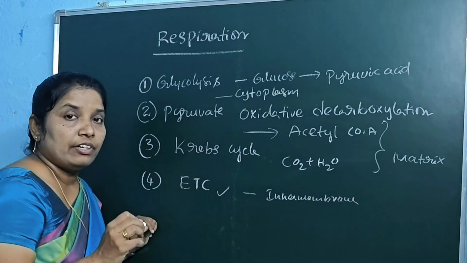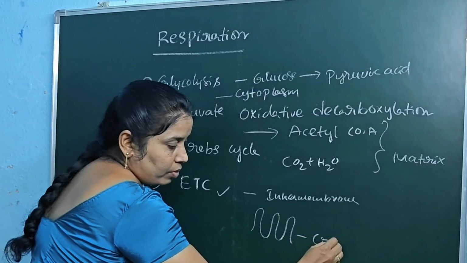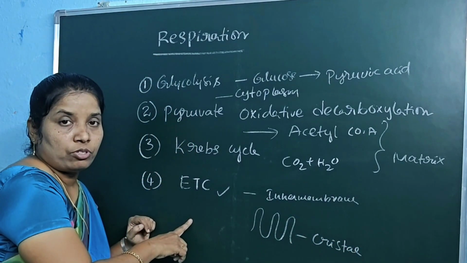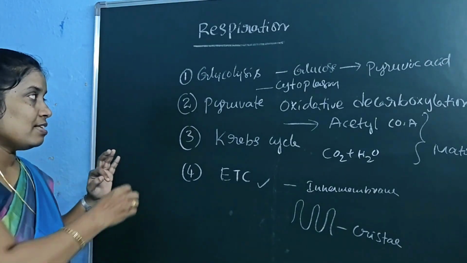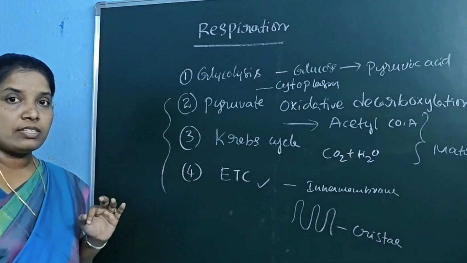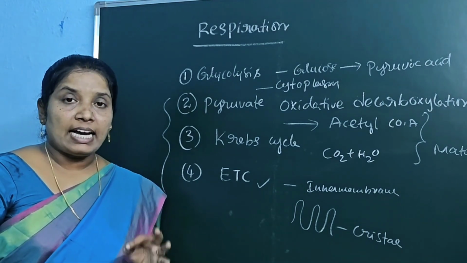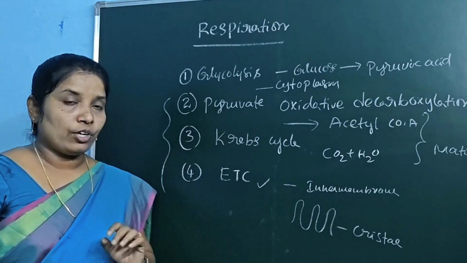There you will find infoldings, which are nothing but cristae. Cristae are the site for the electron transport chain. In eukaryotes, major oxidation reactions occur in mitochondria. That's why the real respiratory apparatus is nothing but mitochondria.